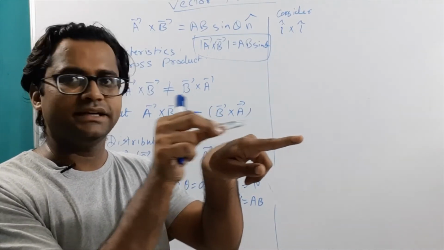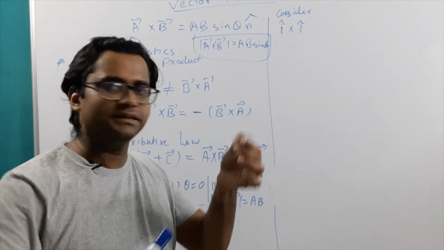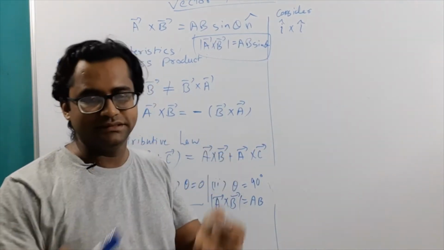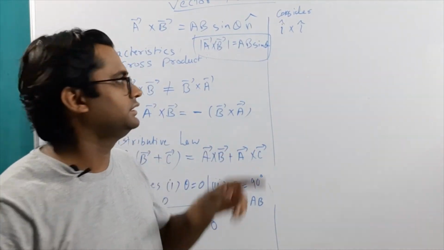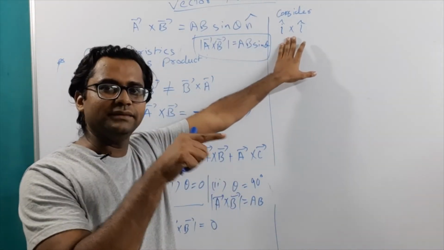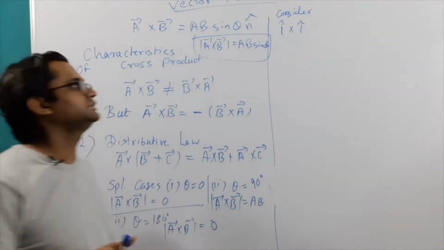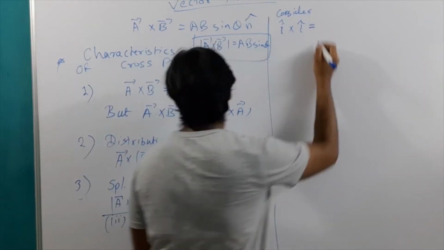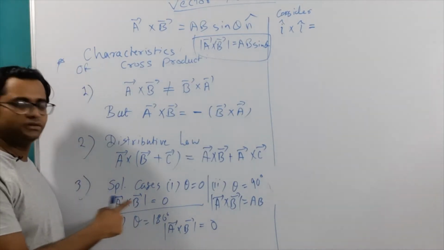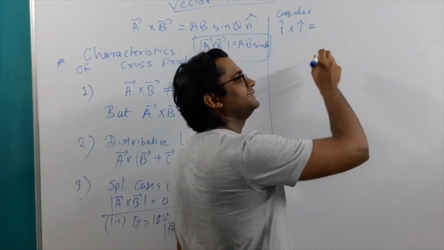And I cap cross I cap: I have this I cap, I have another I cap, both are in same direction. Since I cap is in x direction, the angle between I cap and I cap is 0. And if my angle is 0, then the cross product is 0 if theta is 0. So we can write I cap cross I cap is 0.